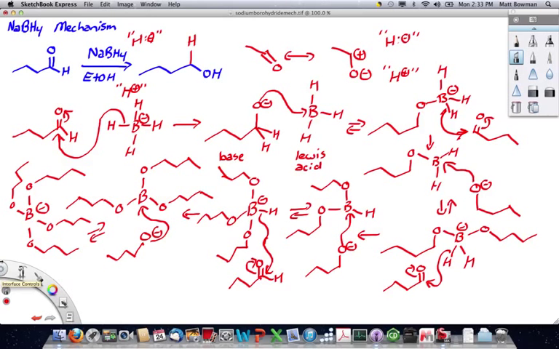And essentially what happens next is this sits around and it eventually reacts. The key is this step right here being reversible, where this comes on, comes off, comes on, comes off. Essentially it's a reversible process right here.